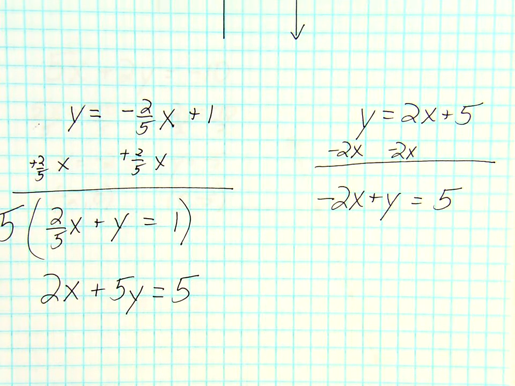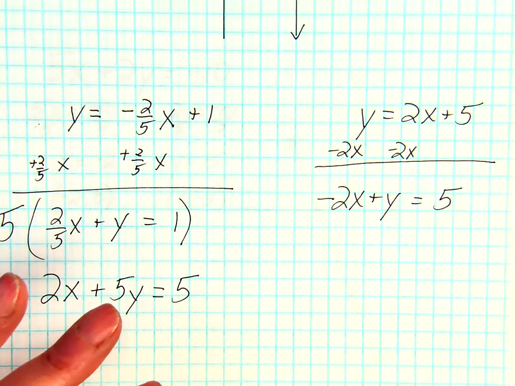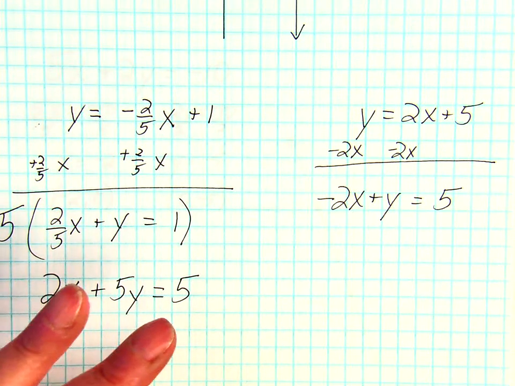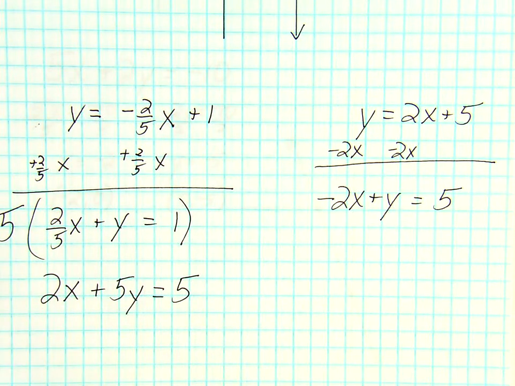Going the other way, where you are taking the standard form and making it into slope-intercept form, is also really pretty easy. So let's look at one of our equations that we were working with before.